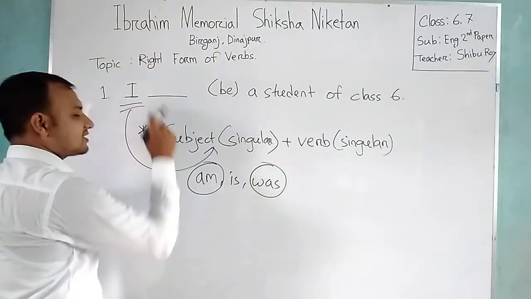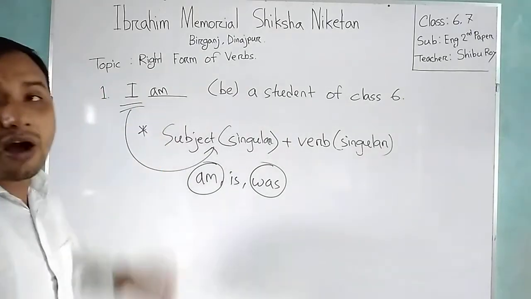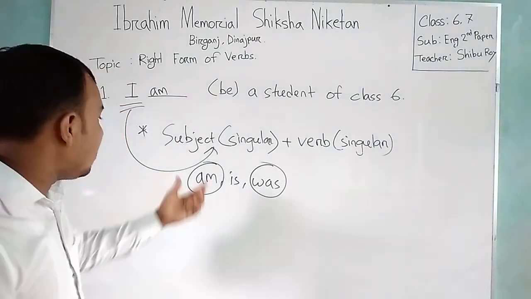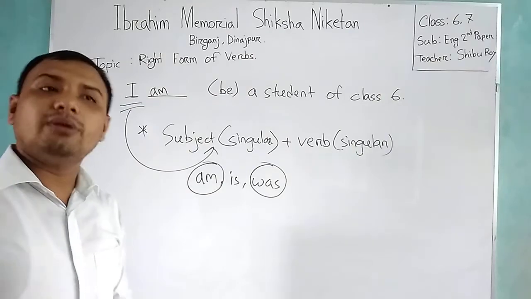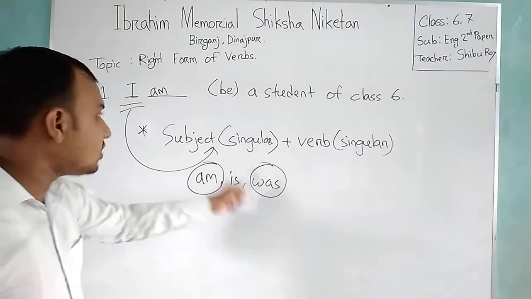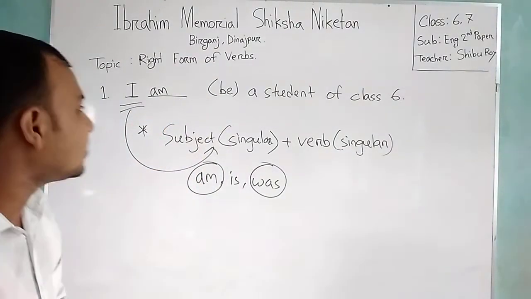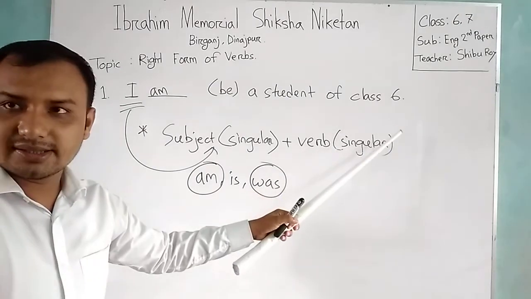We cannot put is. If we do it in present form, then we put am. And if we need to fill it with past tense, then we will put was. So I am putting here am. I am a student of class 6.